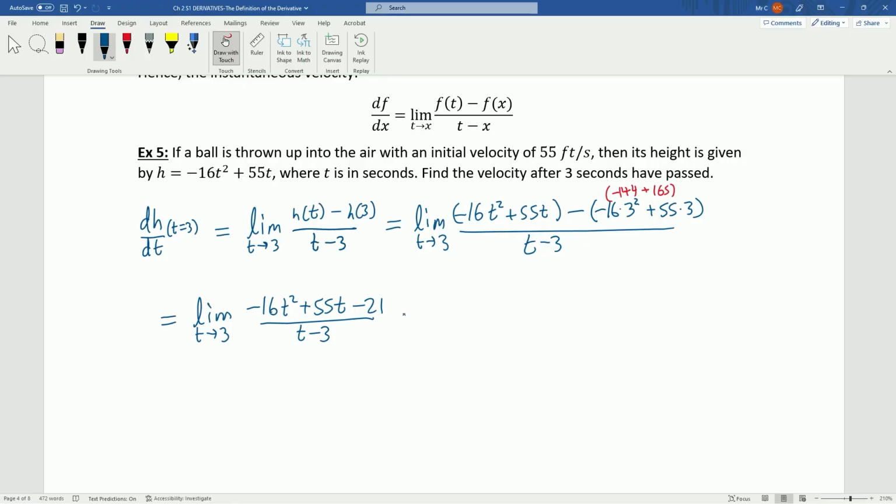Okay, so what I'd like to do is factor this and try to cancel the factor of t minus 3 on the bottom. Now, there are a lot of different ways you can deal with factoring quadratics with leading coefficients other than 1. But in this case, I have every reason to believe that t minus 3 is one of those factors. So what I'm going to do is, it's kind of cheating here, but not really. I'm pretty sure t minus 3 is a factor. Let's guess that t minus 3 is a factor and figure out what the other factor would be.